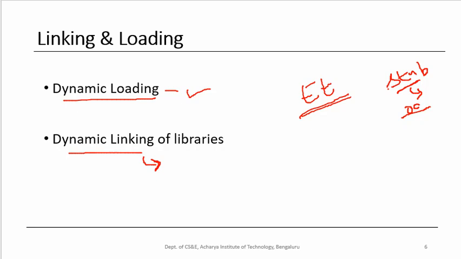So when that library is called during execution, the stub helps the operating system locate that library and load it into the main memory from the hard disk. So this is what is known as dynamic linking. Let me stop here.